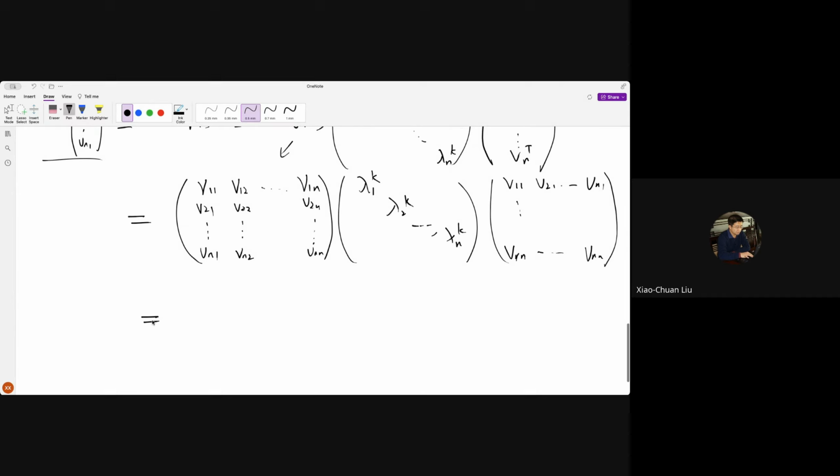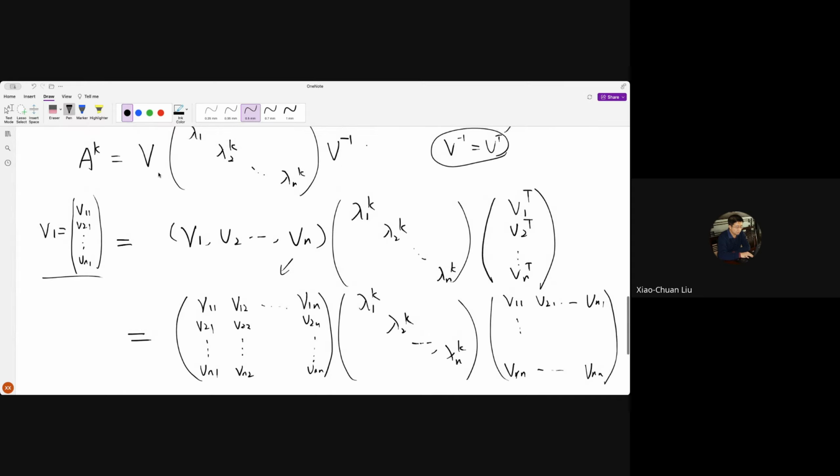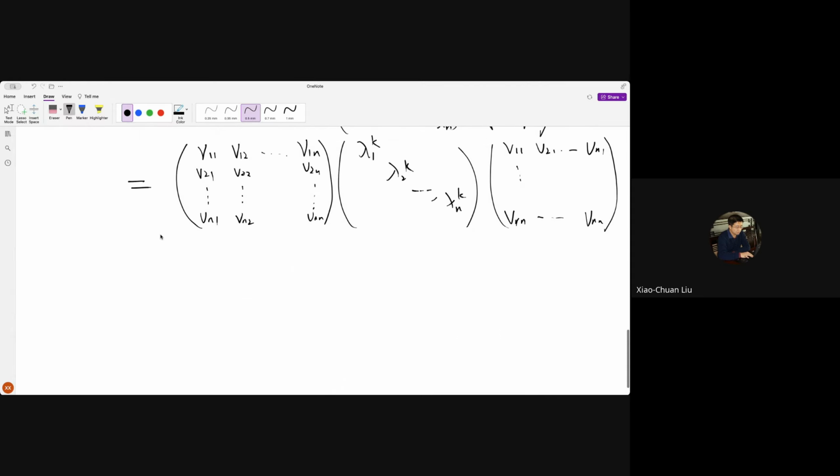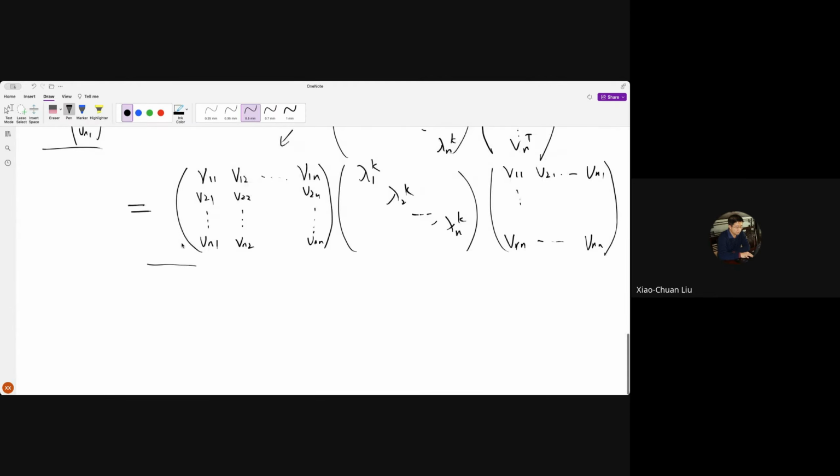So what is this? To understand this matrix, which is A to the power of k, an n by n matrix, we look at the position ij of A to the k. We have to use the definition of matrix multiplication.